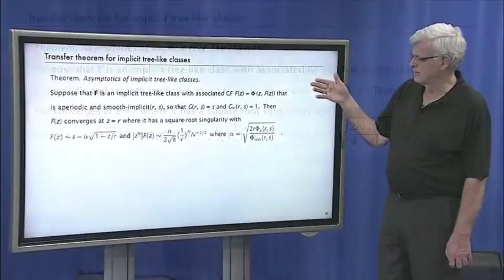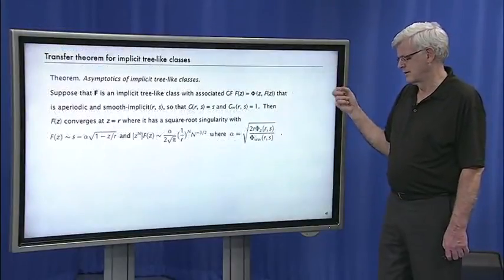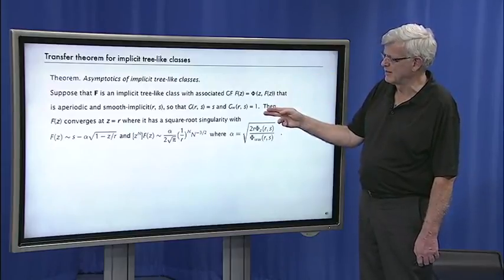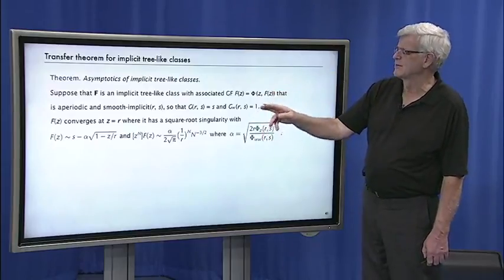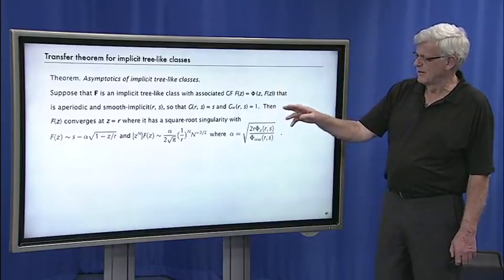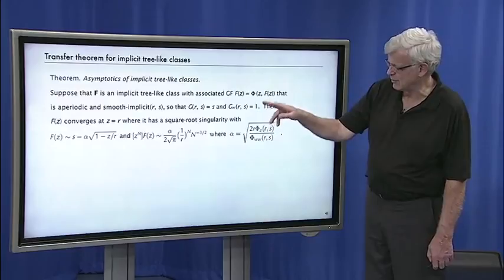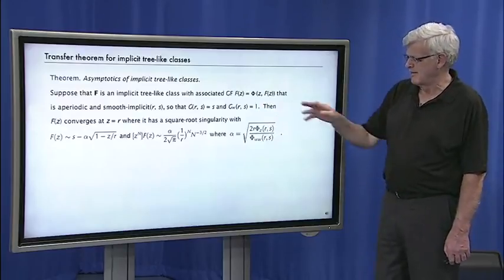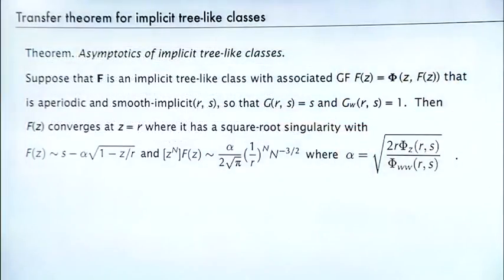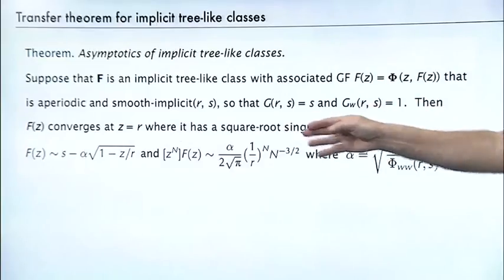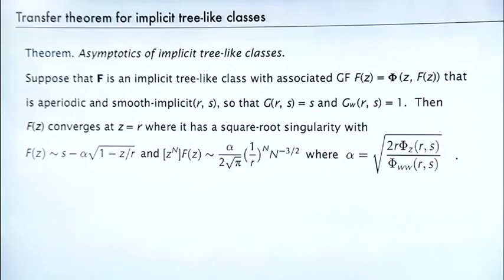Then R is a place where it's got a square root singularity, and we can approximate the generating function at that singularity by S minus alpha square root of 1 minus Z over R, and that approximation gives us the coefficient asymptotics, which is 1 over R to the n minus 3 halves times a constant, and that's how to compute the constant.